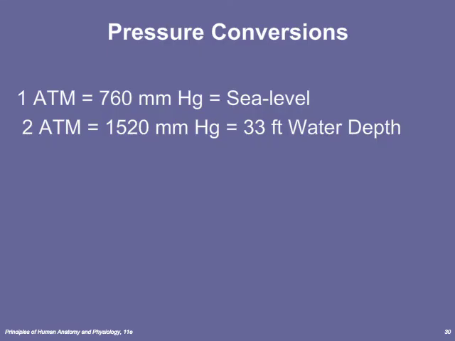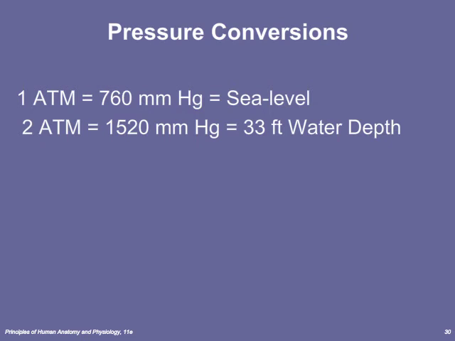Now, before we go on to talk more about pulmonary ventilation, we need to make some mentions about atmospheric pressure. Atmospheric pressure, as the name implies, is the pressure of the atmosphere sitting on top of your body. And so the atmosphere is made up of gases, and there's about 14 or 15 miles of these gases sitting on top of your body right now if you're sitting at sea level. So if you're at sea level, we say that you're at a pressure of 1 atm, or 1 atmosphere.